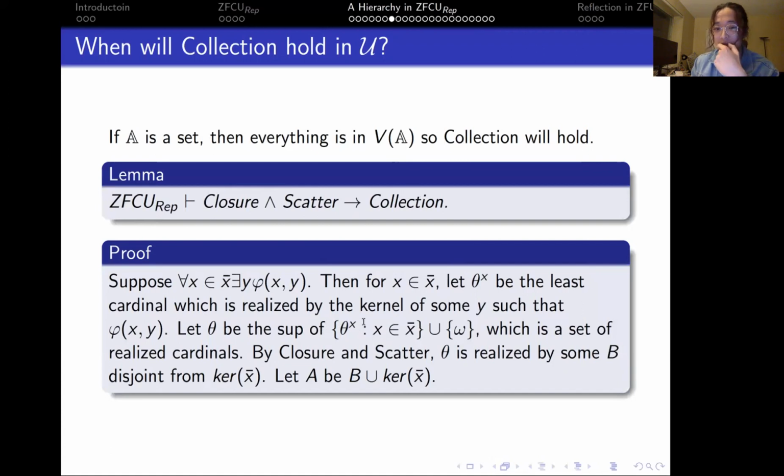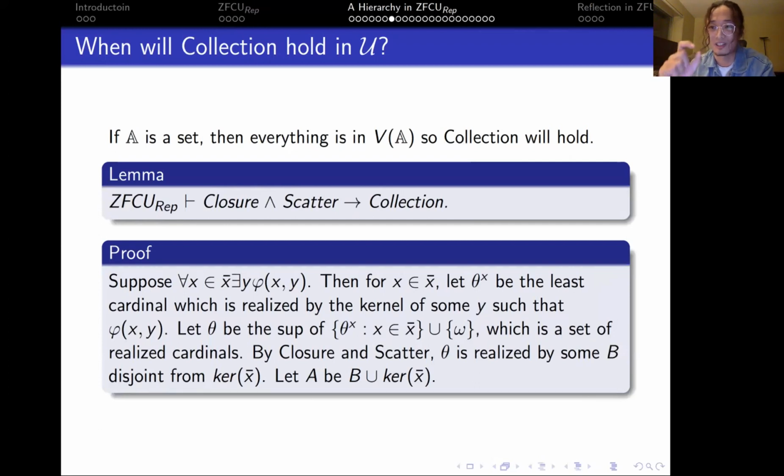By closure again, the supremum of the set is realized. And by scatter, this cardinal will be realized by some B, which is disjoint from the kernel of X bar. So we'll let A be the union of this set B and the kernel of X bar.